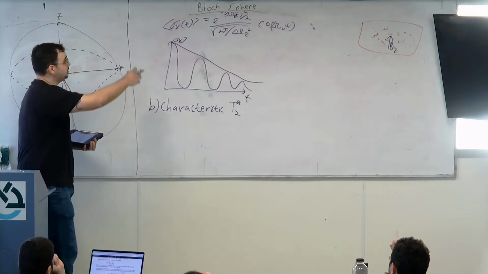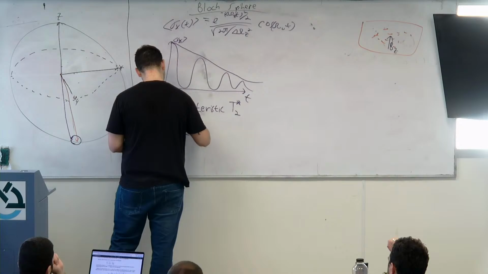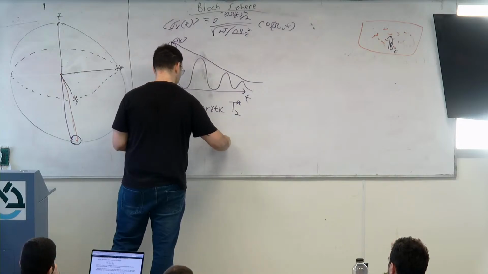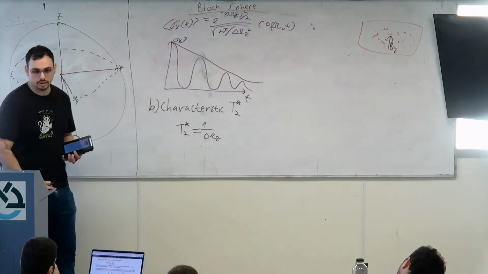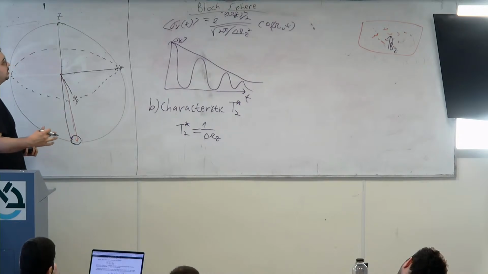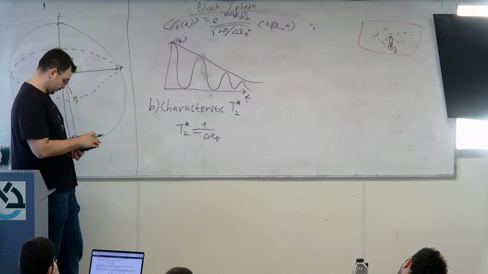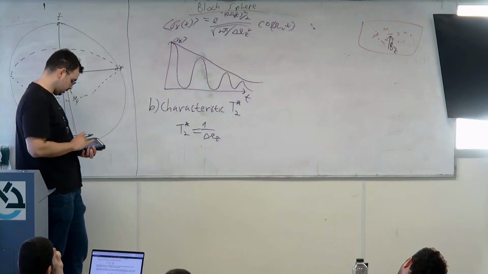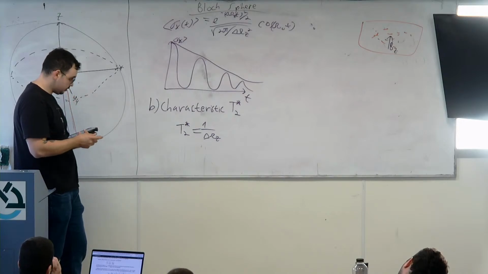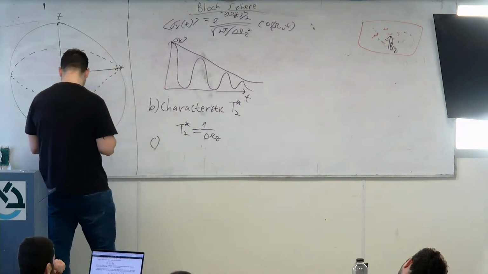Well, we can very simply see from this equation right here that T2 star will be equal to 1 divided by delta omega z. How much your field is inhomogeneous, that's how fast it will destroy itself.